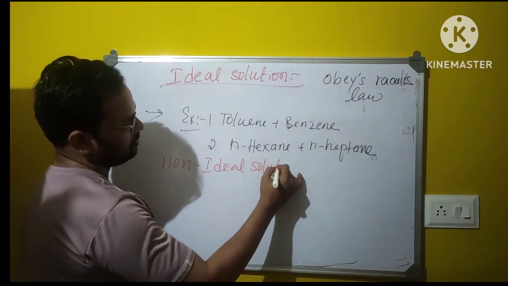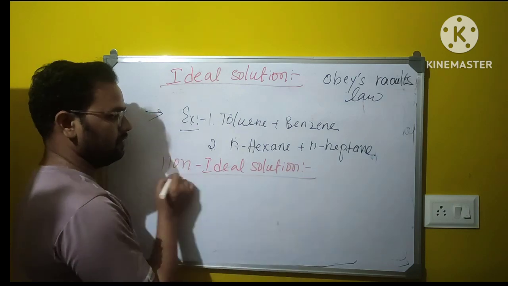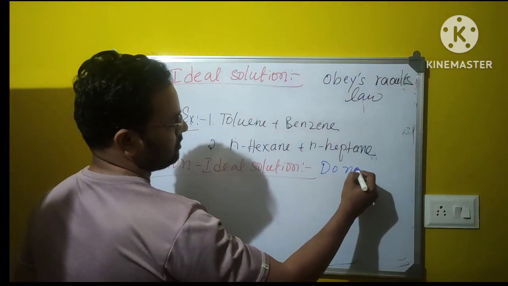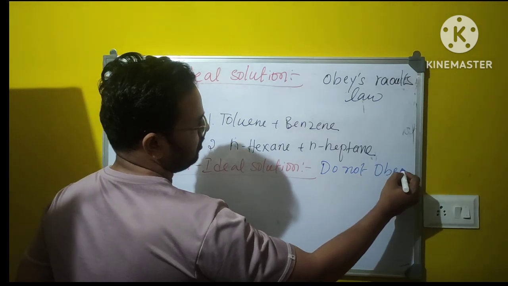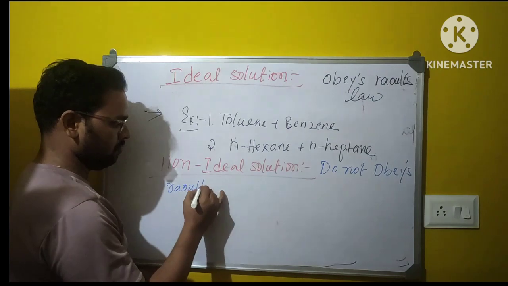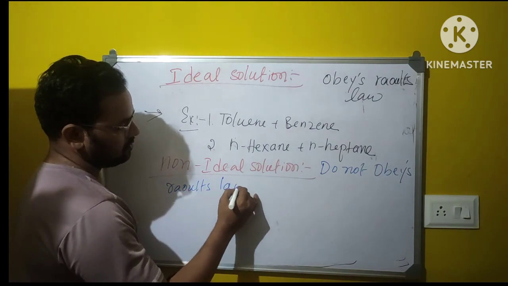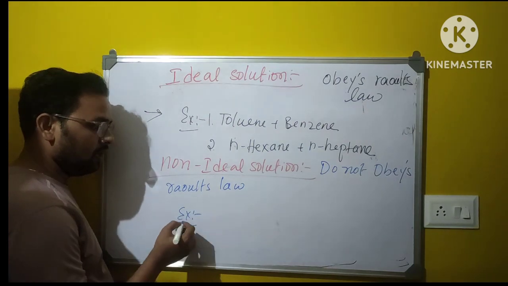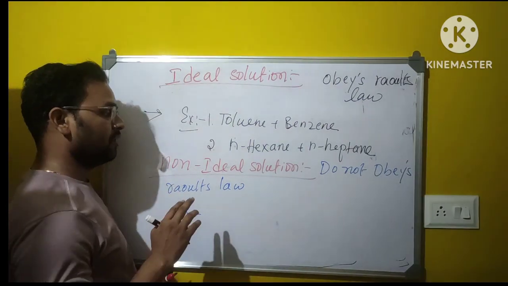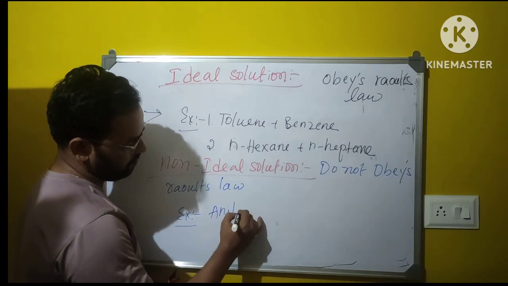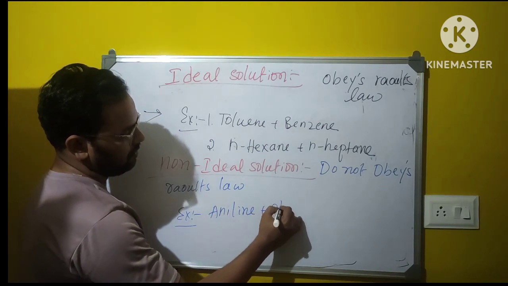Non-ideal solution means the solution which does not obey Raoult's law at all concentrations. Examples: aniline and phenol.